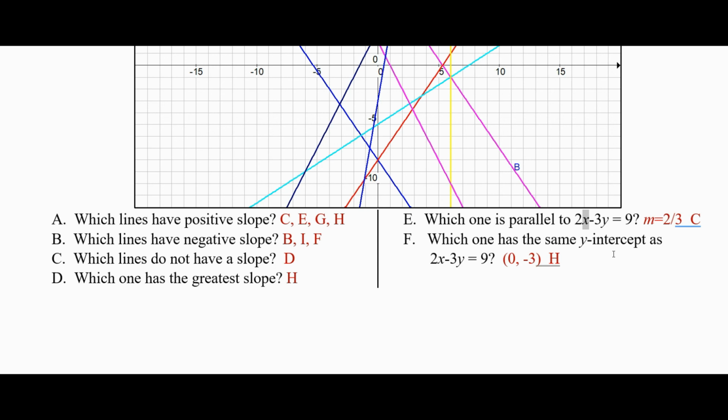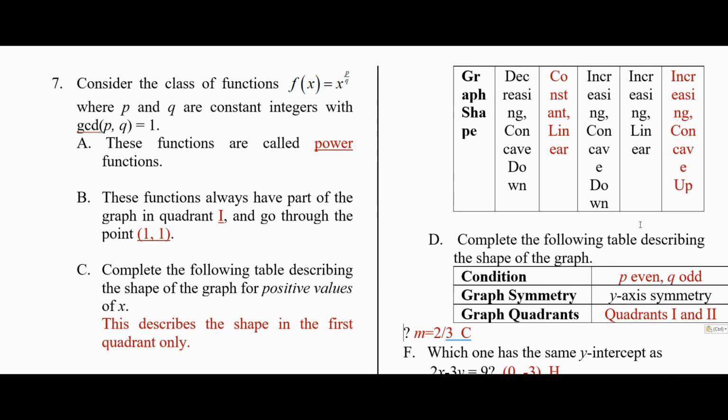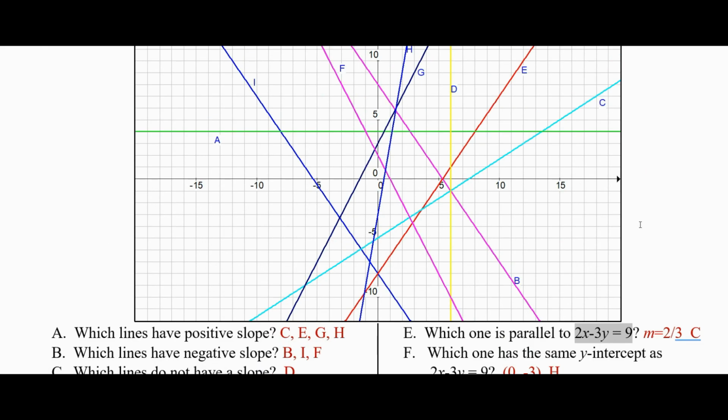Which one has the same y-intercept as this same function? Again, if we solve this for y, what do we get? We get y equals 2/3 x. And then what was the other part? So this is negative 2x, and then divided by negative 3.